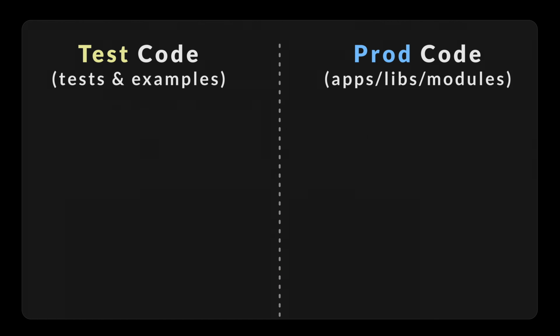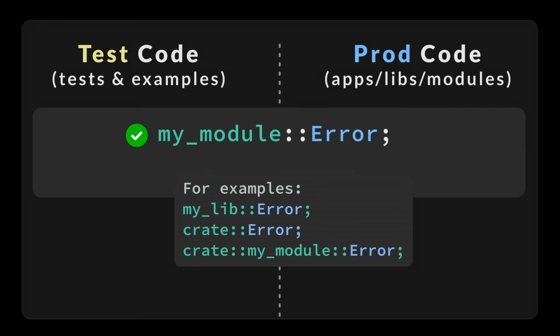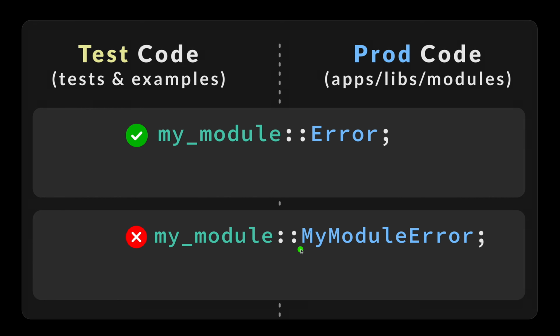So now, on the code side, the pattern I'm following is a module Error. I'm not, for example, giving the full descriptive name inside the error enum, because that would be redundant. And actually, the Rust ecosystem right now is more or less normalizing on this pattern anyway, which I think is actually better. So if I am within my module, usually I just import Error and I'm good.